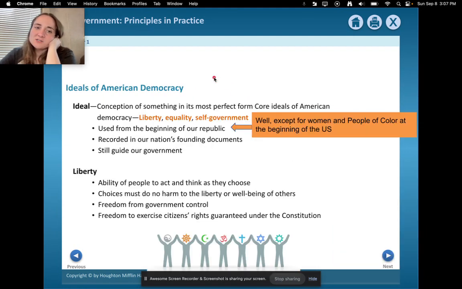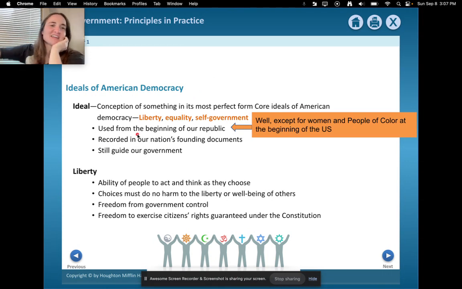All right, so what are the ideals? Ideals are concepts of something in its most perfect form. Core ideals of American democracy include liberty, equality, and self-government. They're also used for the beginning of a republic, which I hate how they phrase that, because when the Declaration of Independence is signed, it's like everyone has liberty, equality, and self-government.